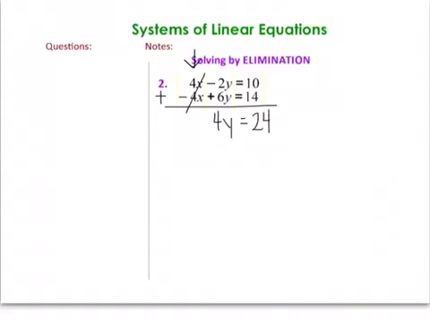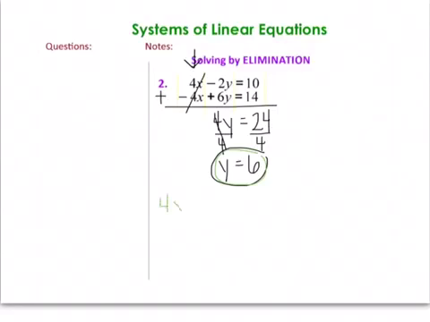We'll divide both sides by 4, and y equals 6. So I just solved for one of my variables. Now using that, I'm going to substitute this, y equals 6, into one of my equations. Well, let me choose equation 1. It doesn't matter which one you choose.